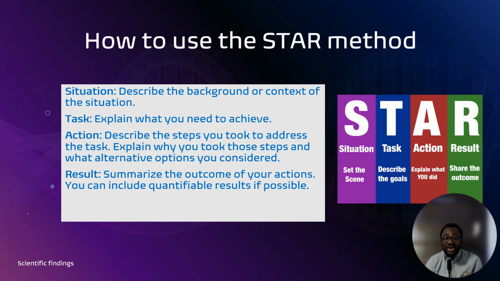You need to give a summary of the result you got by addressing the situation and the task using the actions that you took. It's equally important to have both qualitative as well as quantitative results to discuss, to illustrate the effectiveness of your approach. So that's the STAR method.